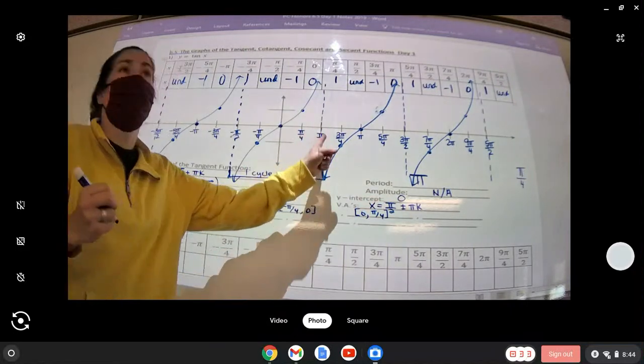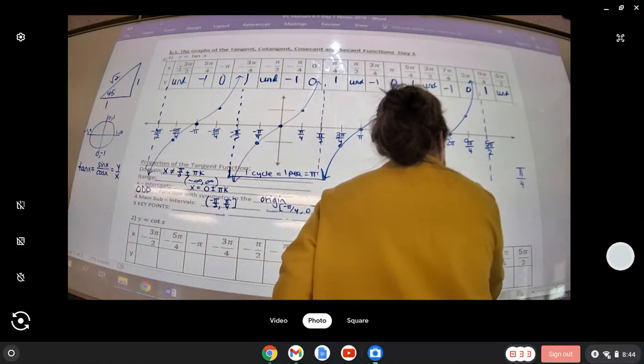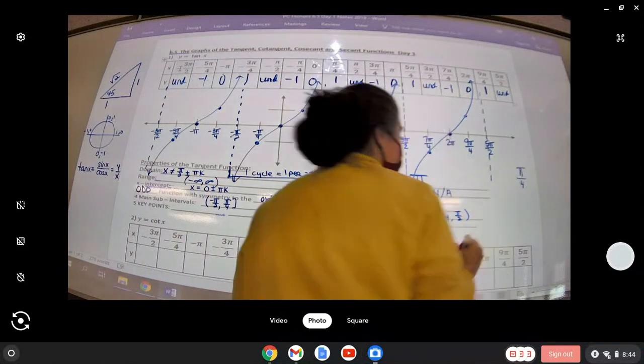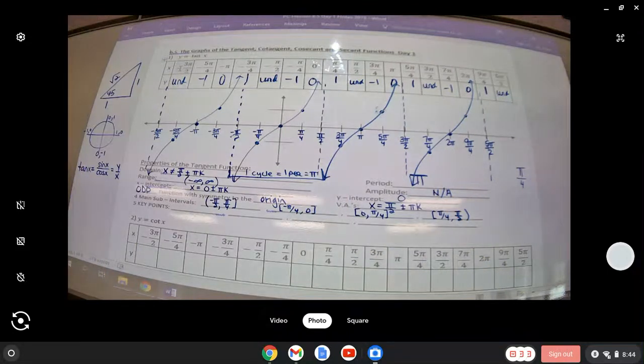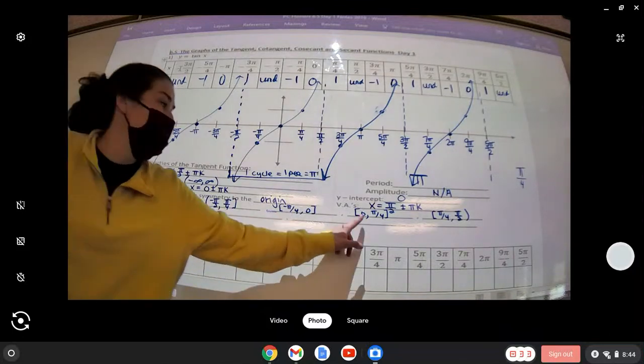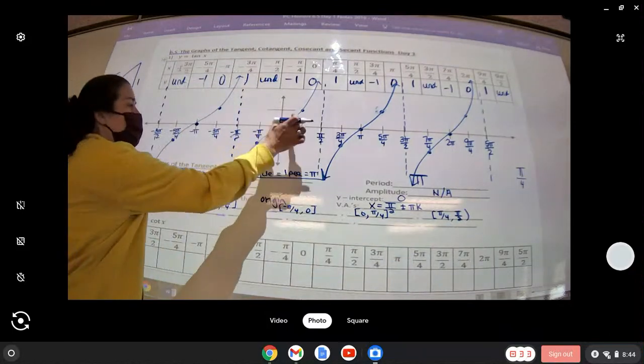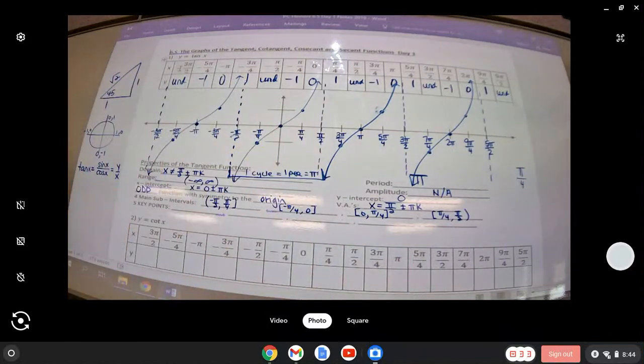And then we go from pi over 4 to pi over 2. Negative pi over 2 to negative pi over 4, negative pi over 4 to 0, 0 to pi over 4, and pi over 4 to pi over 2. It's these intervals right here, the 4 subsections of the first cycle.